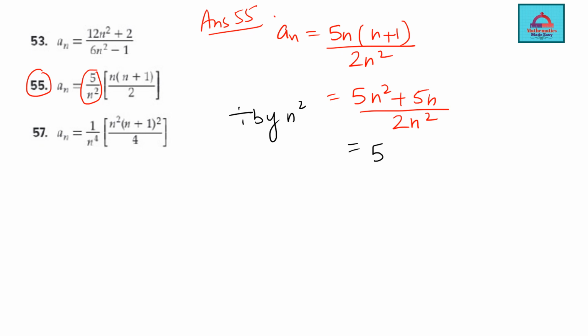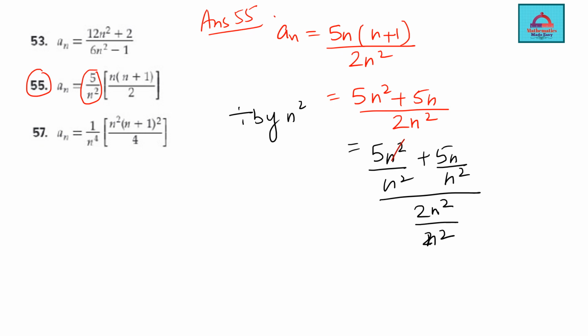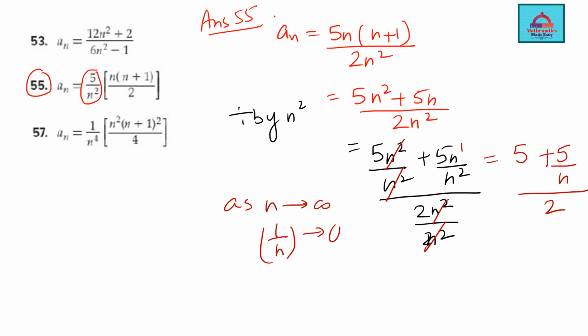So what do you get? 5n square over n square plus 5n over n square, over 2n square over n square. So n square will cancel. Here only one n will cancel, one is left. So you are left with 5 plus 5 over n, over 2. Now as n goes to infinity, 1 by n goes to 0.